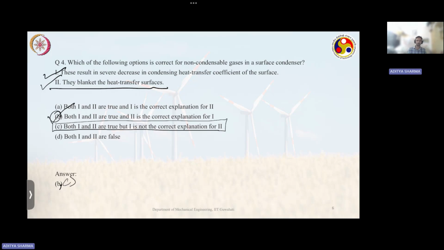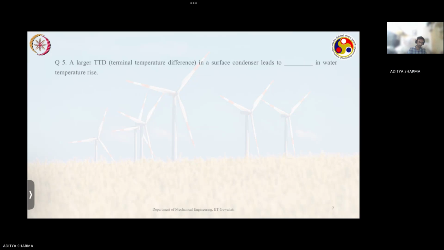Then moving on to your next question, number 5. This is about a condenser again and asks about terminal temperature difference. We have seen what terminal temperature difference is.